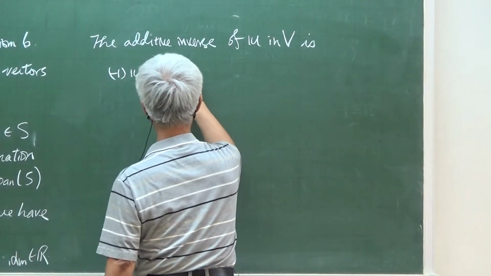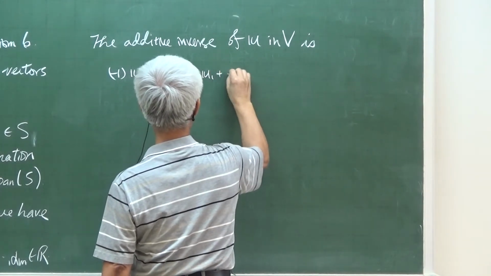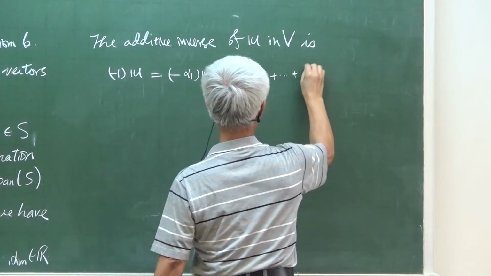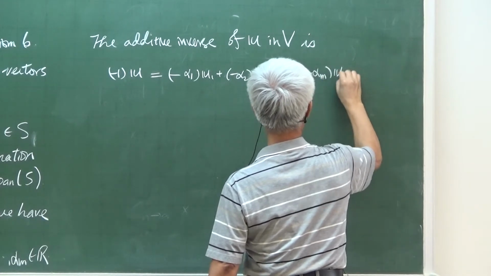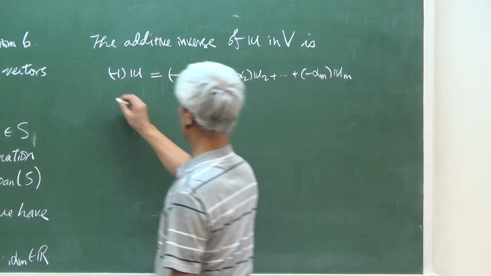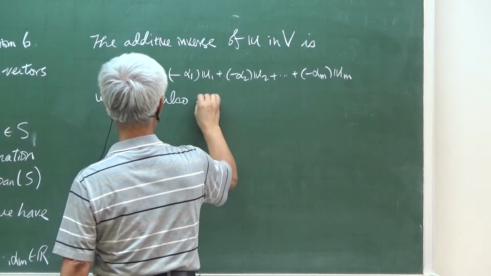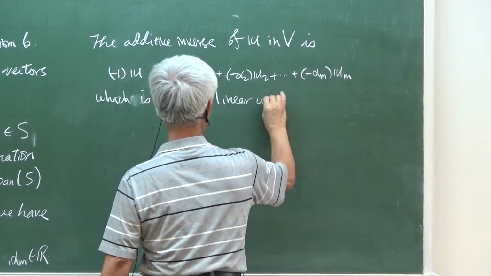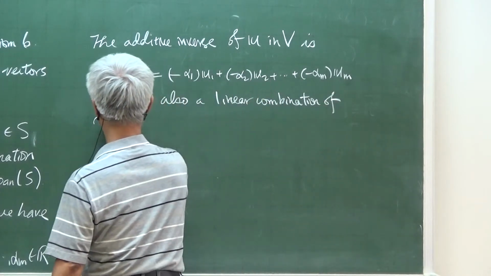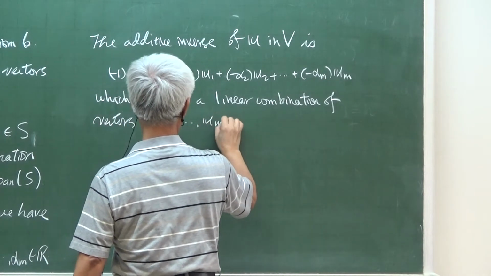We have minus alpha 1 U1 plus minus alpha 2 U2 plus minus alpha n Un, which is also a linear combination of vectors U1, U2 up to Un in S.